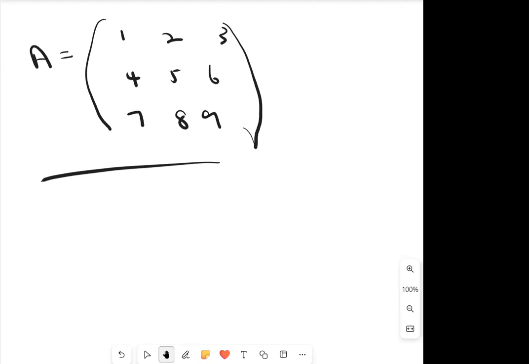Sir, I don't know if this is correct. I got 0. Yeah, that's the correct answer. Funny as it looks, it's a singular matrix. I got 0 too, sir. Yeah, it's a singular matrix.